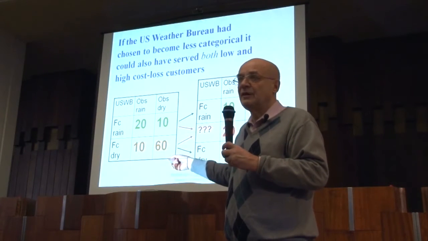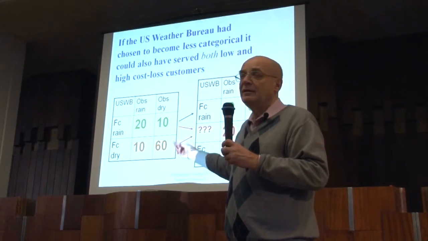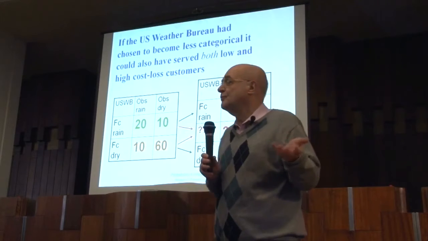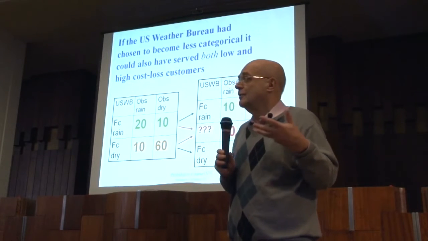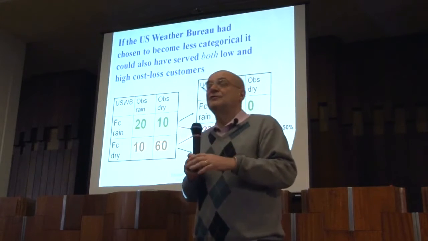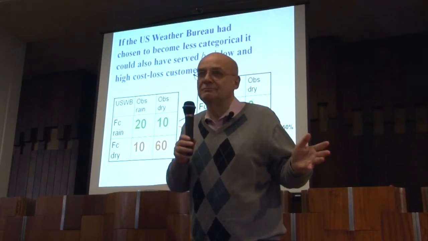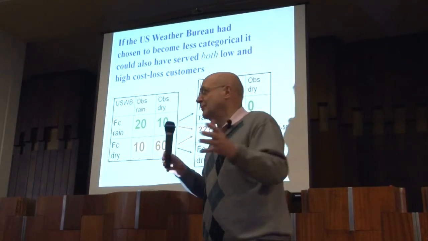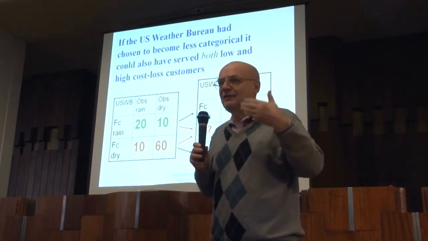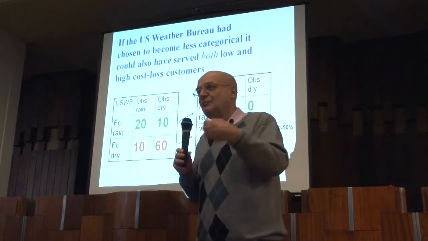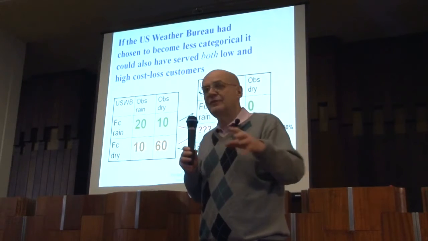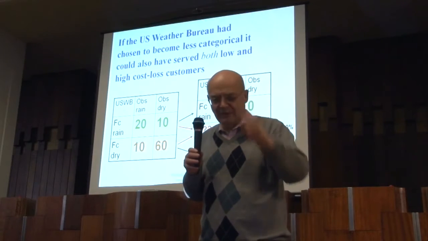In 60% of the cases, mainly when it was dry, they were absolutely sure about the forecast. But in 40% of the cases, they were not sure. And just to press the point, they would say, today we don't want to make a forecast. Of course, that is politically impossible, but now we are in a fantasy world, so we assume that 40% of the time they refuse to make a forecast to the water authorities or Hollywood. That sounds bad, but it is good, as I will show you.